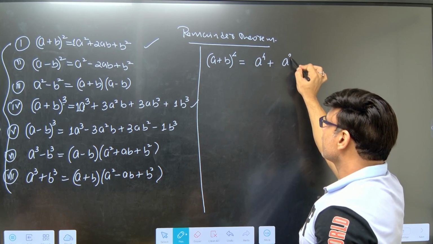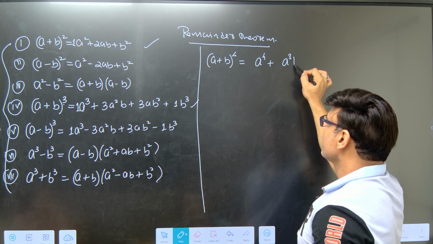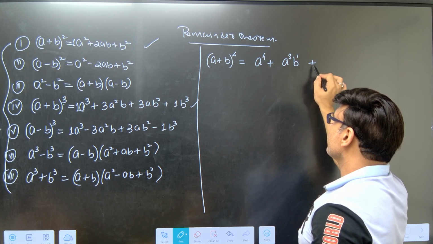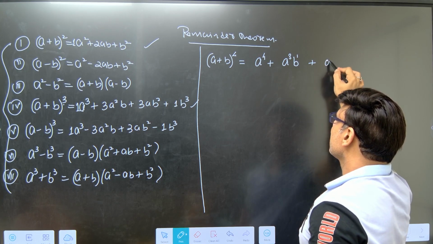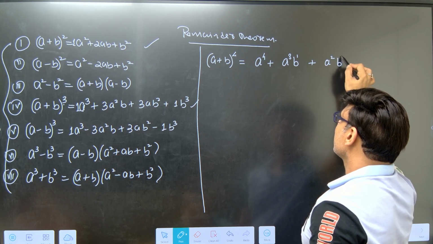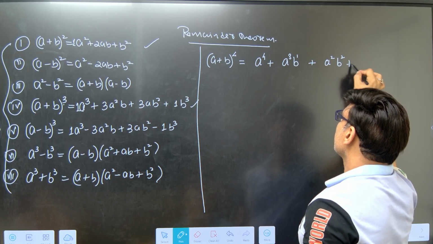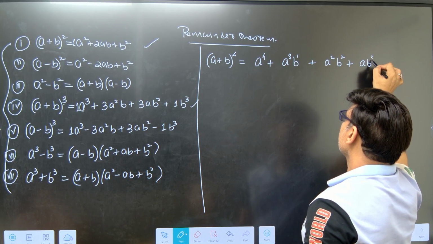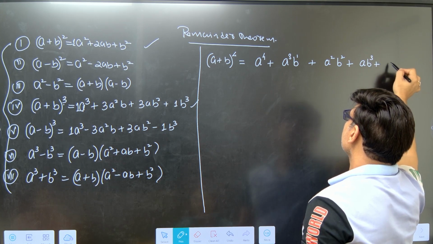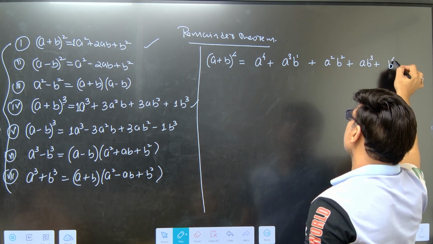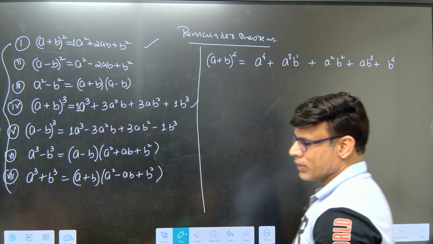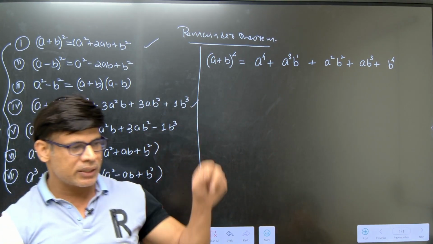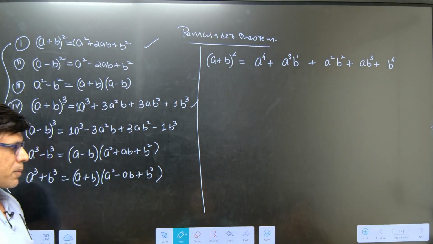Then a cube into b raised to the power 1, then some coefficient. Then a square and b square, then some coefficient. Then a b cube, then some coefficient, and b raised to the power 4. So this is how it alternates, right? You can find out for 5, 6, 7, 8, 9, 10, for any powers.